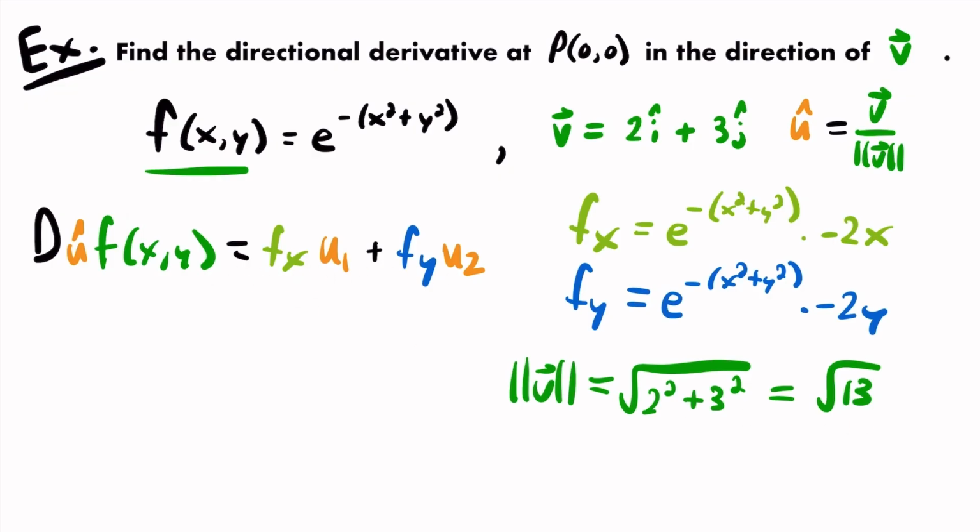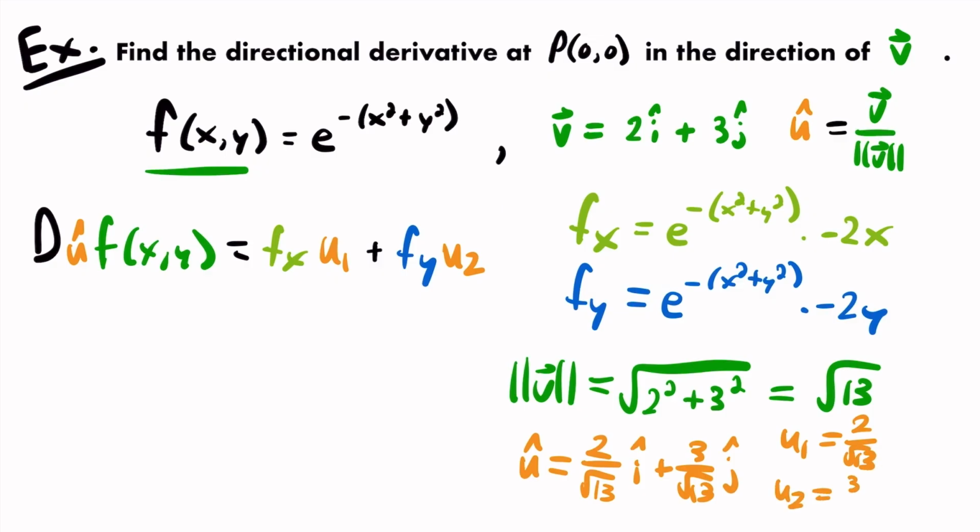So in this case, just divide both 2 and 3 by the square root of 13, and that will be the unit vector. All right, so we have u is equal to 2 divided by the square root of 13 times i plus 3 divided by the square root of 13 times j. So u1 is equal to 2 divided by the square root of 13, and u2 is equal to 3 divided by the square root of 13.